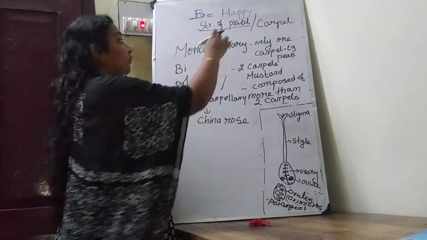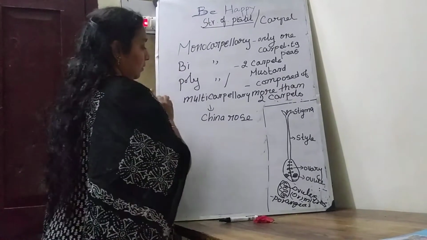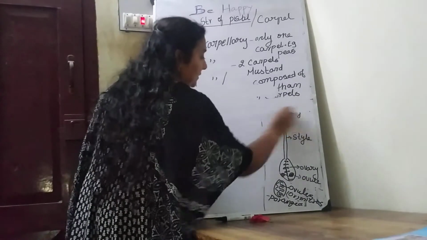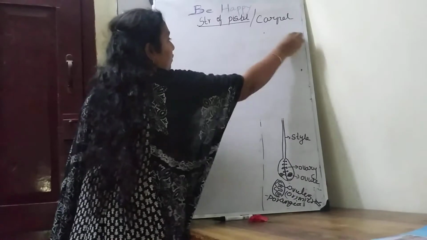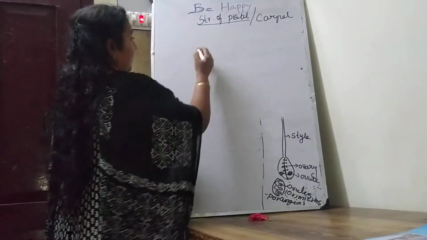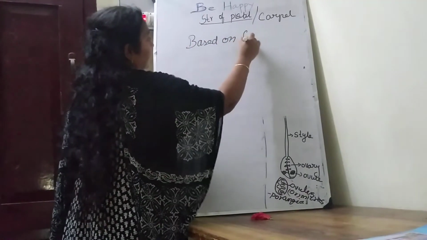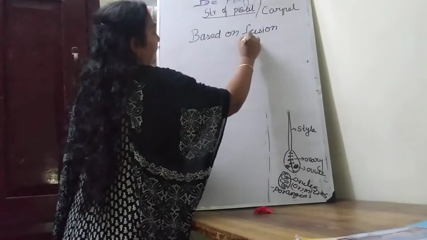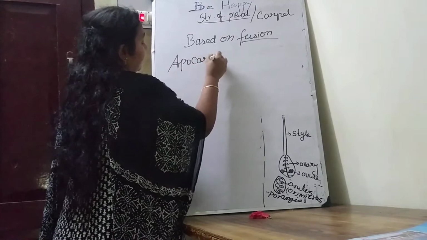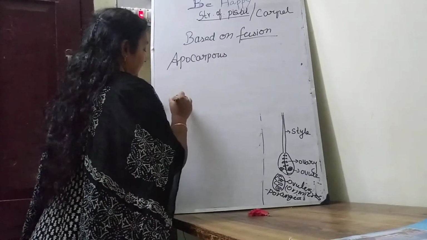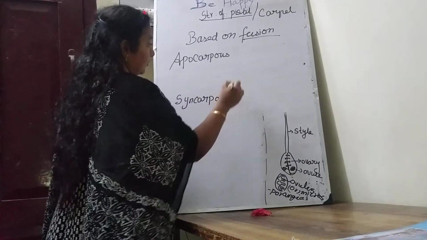Then based on the fusion of carpels, it can be divided into two types. One is apocarpous and the other one is syncarpous.